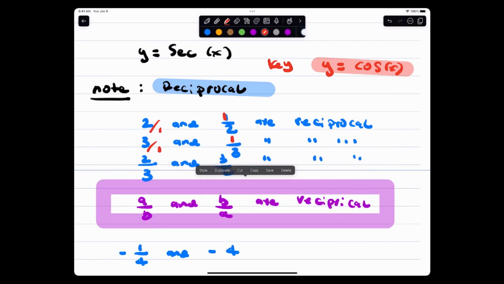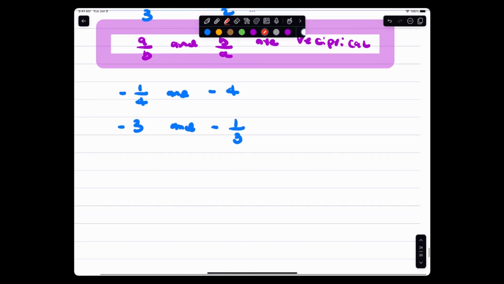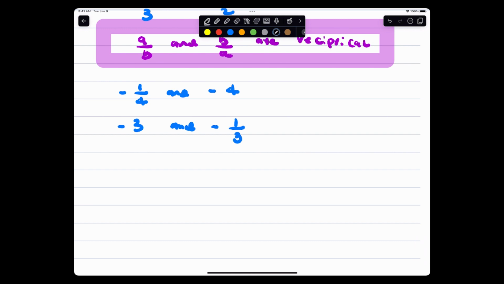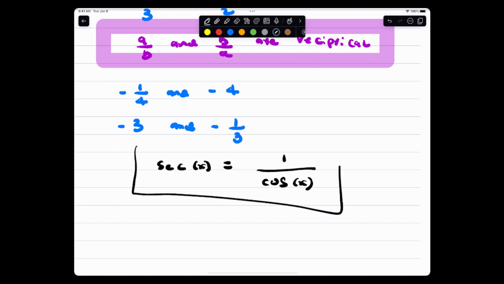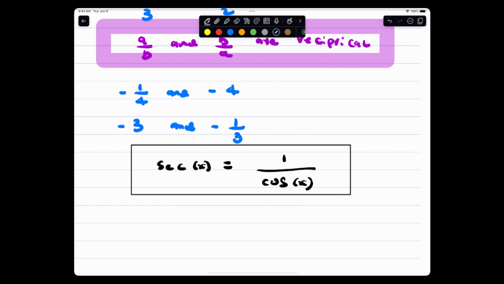Okay, you say why? Well, because the secant curve is a reciprocal of what? Cosine. I should say the secant function and the curve, these are both reciprocals.